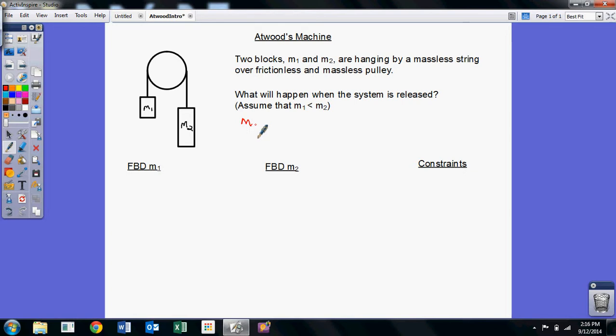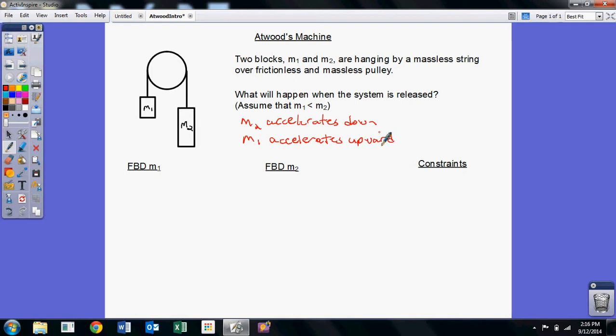So M2 accelerates down, and M1 accelerates upward. Okay, so we're going to use the same strategies that we've used in all these problems.